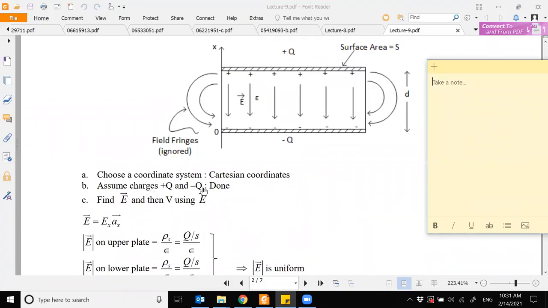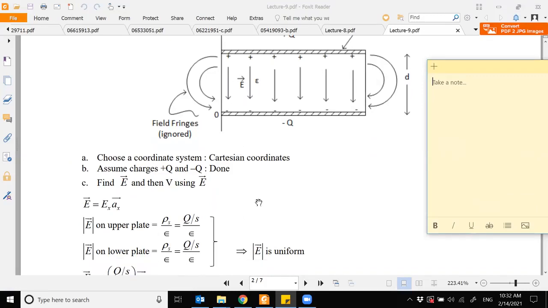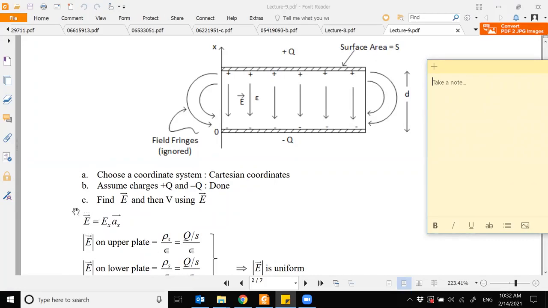Next, we have already assumed the charges plus Q and minus Q, and because of this the electric field has formed. Now, let's find the electric field. We have just now seen it. Your electric field will have only one component, because it will be only parallel to my x-axis, since I'm neglecting these fringes.